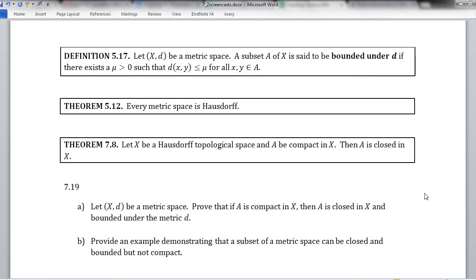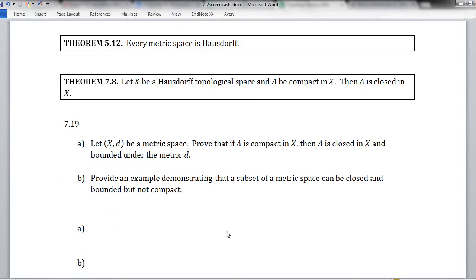All right, let's give part A a try. So suppose A is compact in X. Then, well, here's where we use the theorems, right? Since X is a metric space, it is Hausdorff.